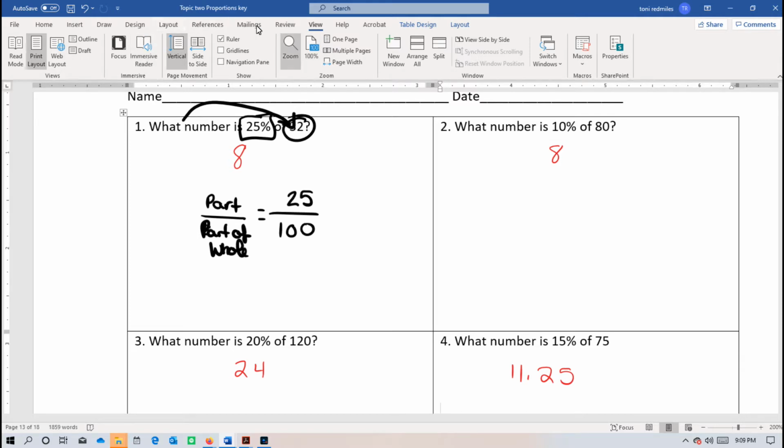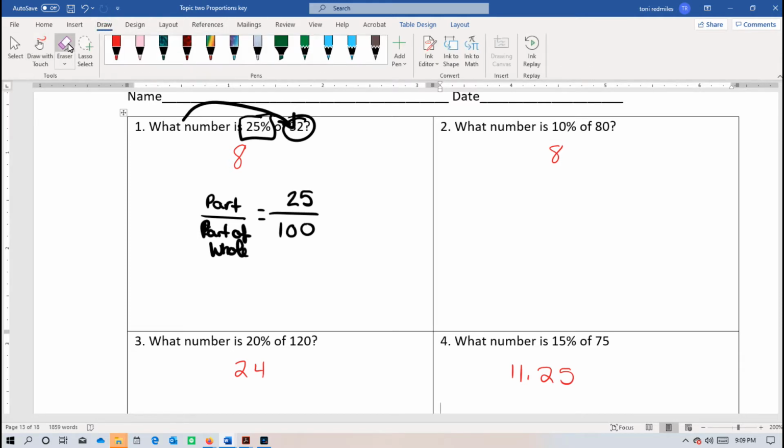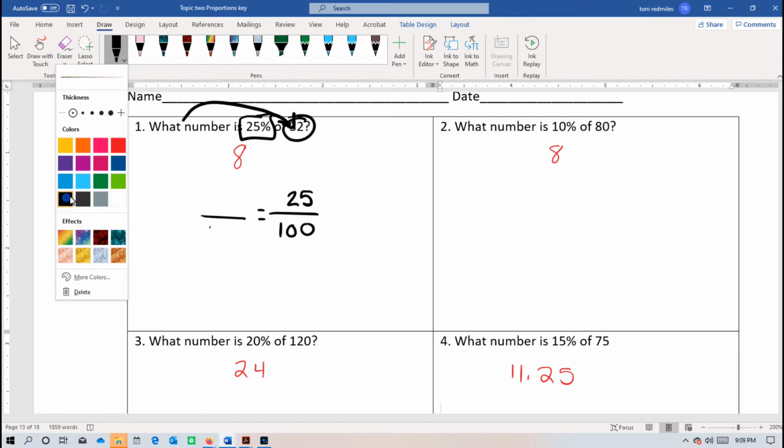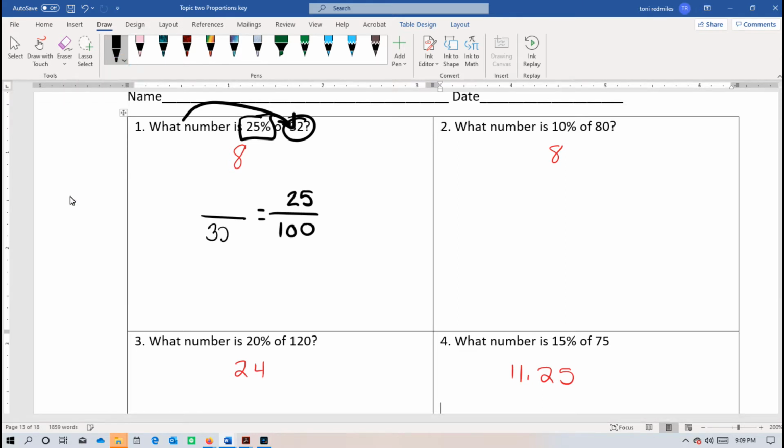So let me get an eraser real quick, and I'm going to erase some of this so that I can put my proportion in. What's missing in this particular one is the number. All right, let me change my color. It changed again. So this is going to be what number is 25% of a whole amount of 32.